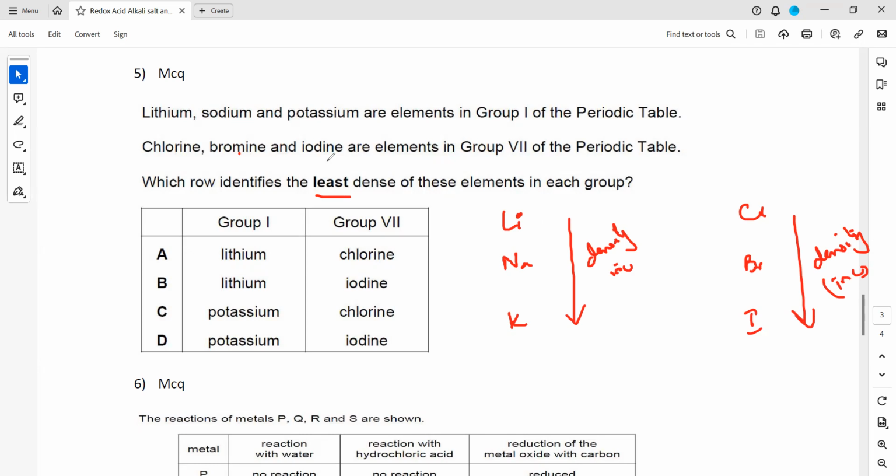The melting point of group 1 decreases as we go down the group, but here, in group 7, the melting point will increase. So for lithium, sodium and potassium, lithium should be the least dense, at the top of this series. So lithium and chlorine, then A should be the right answer.